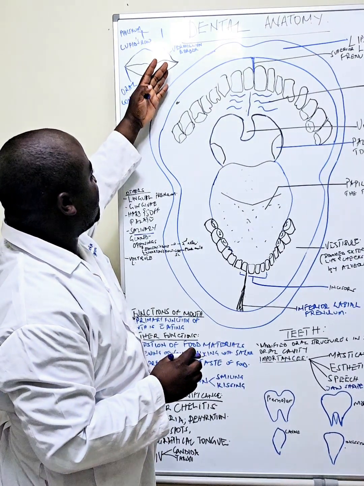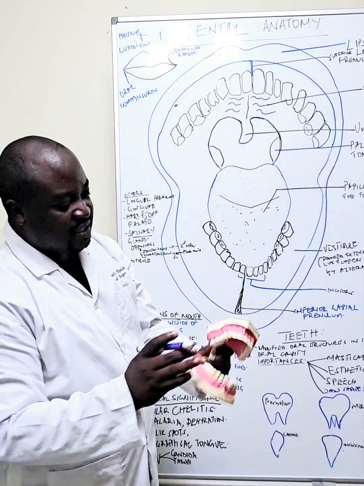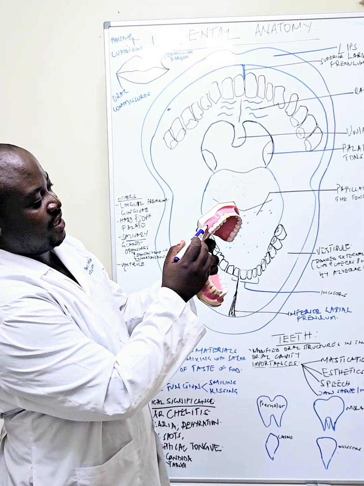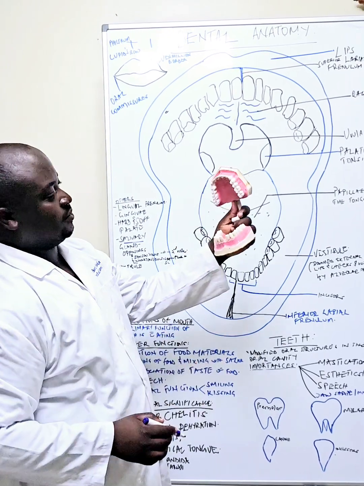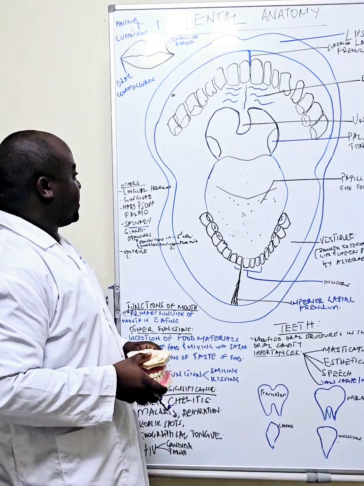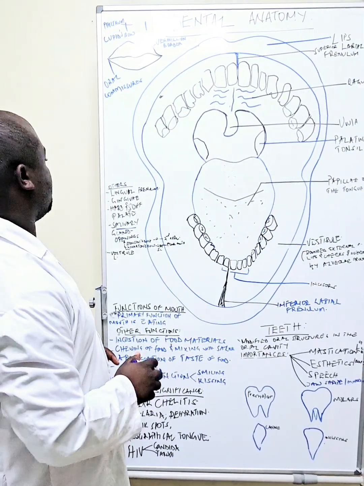It pours saliva into the oral cavity through the Stenson's duct. The second molar is around here, or around there in the oral cavity. So that is very important. The clinical significance we shall see.